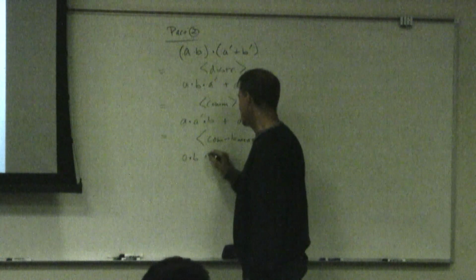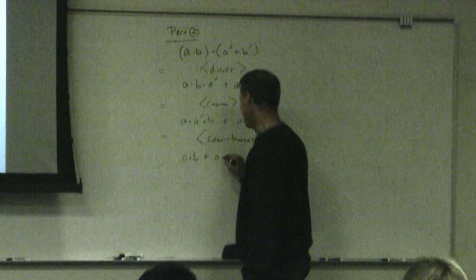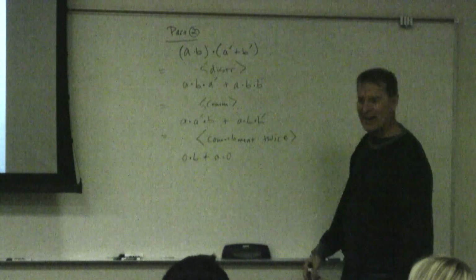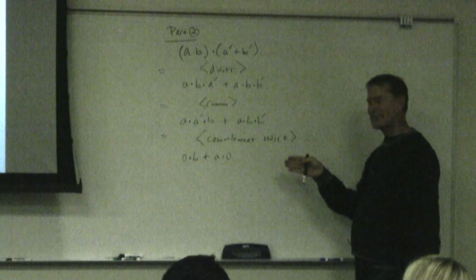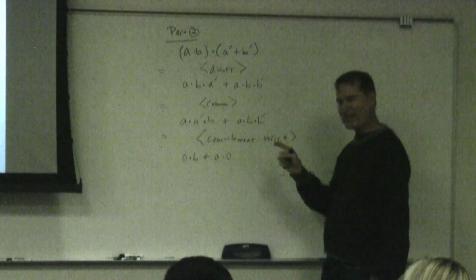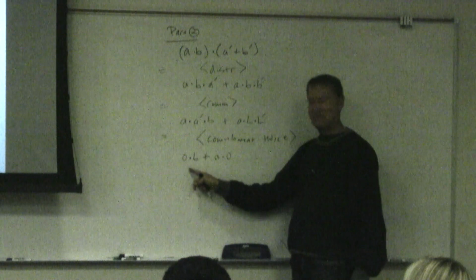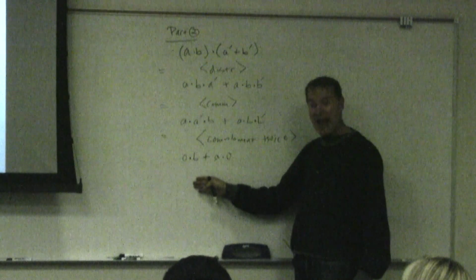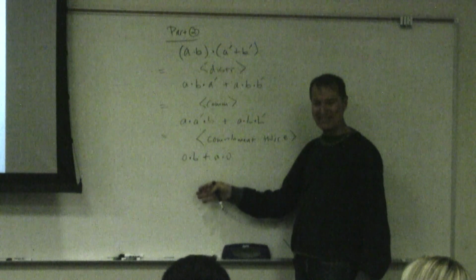Now watch this. Do you see why they use this notation? Now you have to be careful. This is and/or, it's not addition and multiplication. But isn't it convenient? Because if these were integers, 0 times something is what? 0.